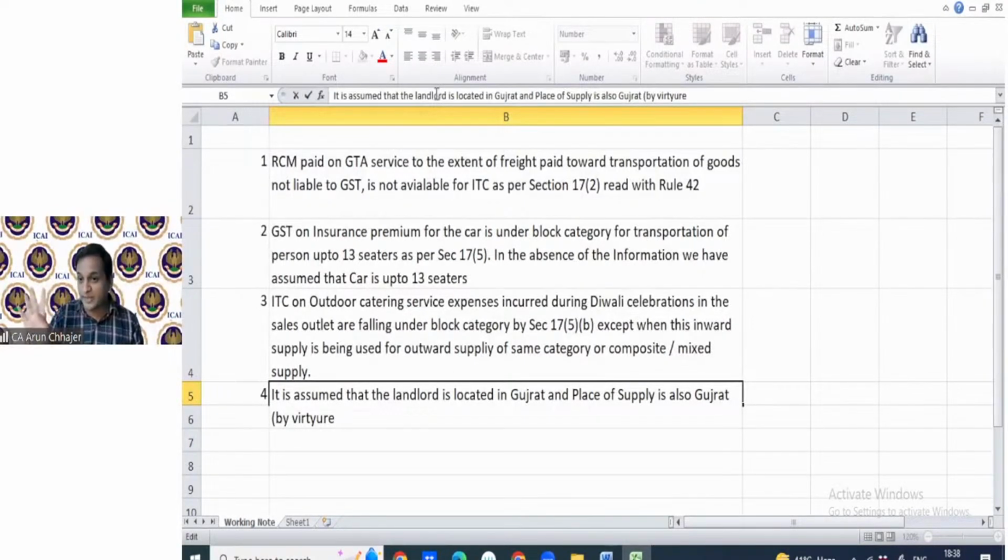Kindly excuse me for some spelling mistakes. Yes, Namrata, I know your name. By virtue of section, what is the place of supply in case of immovable property? The location of property.